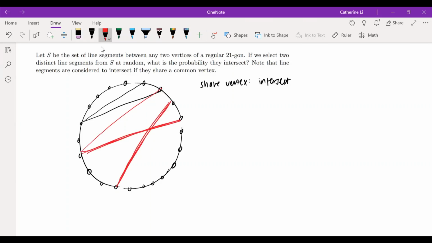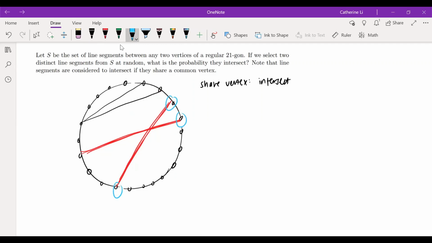If the two segments don't have a shared vertex, then we're looking at something different. So when they don't share a vertex, there's going to be 4 points total. I think a better way to show this. Okay, so we have these 4 points.